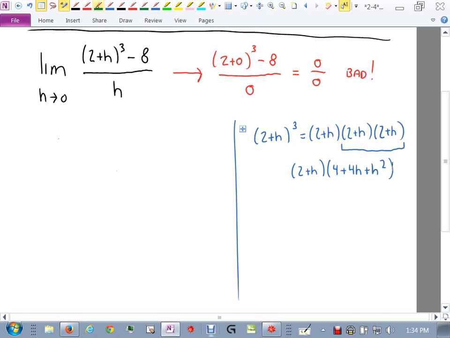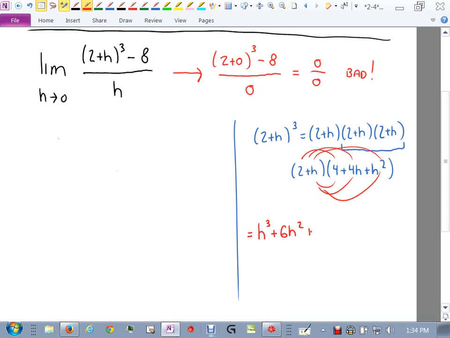And then you would have to take this one and distribute through, and distribute here like that. And then you put them all together and you get h cubed plus 6h squared plus, hold on, 12h plus 8, pretty sure.